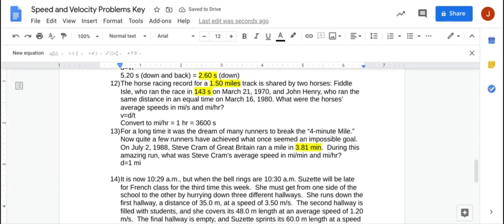The first one, you're just going to do your miles per minute, but then you need to convert your answer to miles per hour. So after you find your answer, you take that answer and then convert it to miles per hour, where again, you will just simply use your conversion unit 1 hour, 3,600 seconds to do that.